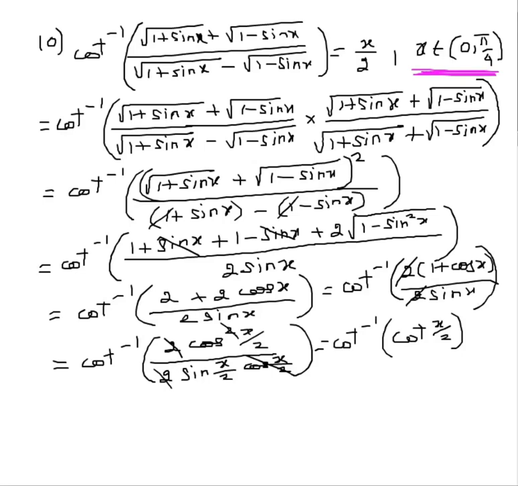So x by 2 will belong to 0 to pi by 8, which is a subset of the principal value branch of cot inverse. The cot inverse principal value branch is the open interval 0 to pi. So we can cancel cot inverse and cot because x by 2 belongs to the principal value branch. The answer is x by 2, which is the right hand side.